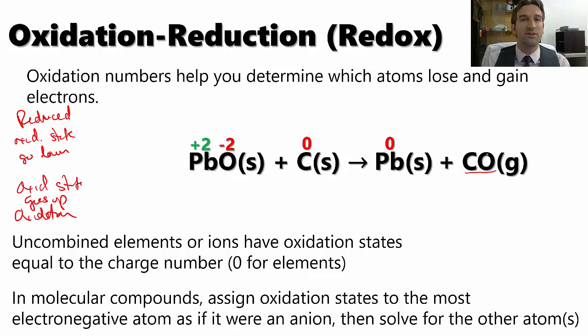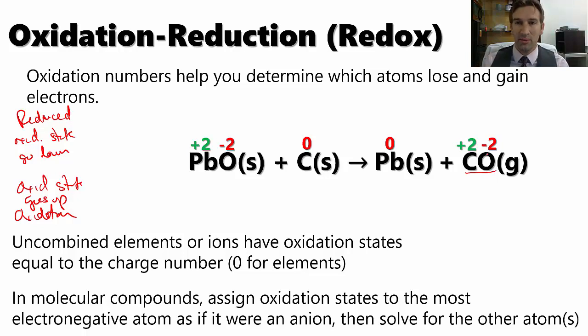Oxygen will be treated as though it were an oxide, and it gets an oxidation state of -2 again. Now, in order to balance the overall charge, the overall oxidation state, that means that this carbon must no longer be in a 0 oxidation state. It must be up in a +2 oxidation state.